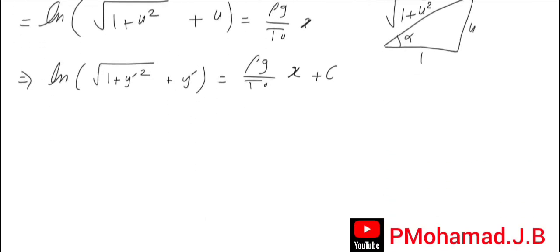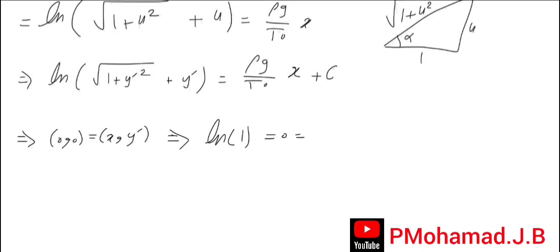Now, when x is 0, y prime is 0. And let's put this point, actually x and y prime. So ln of 1, which is 0, is c, so we don't actually have a constant.